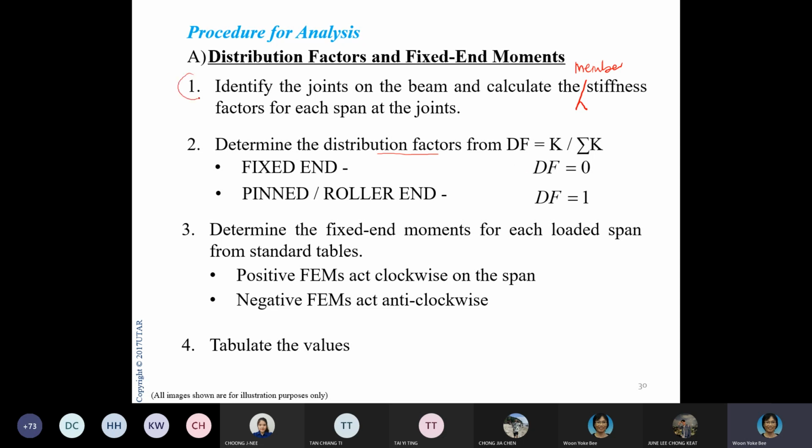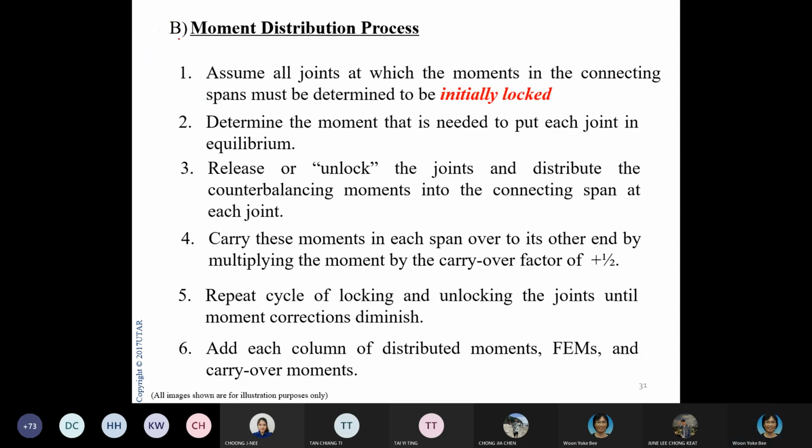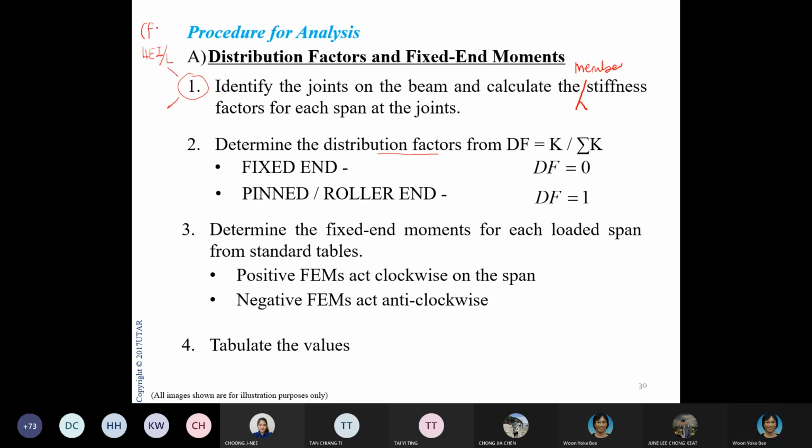So of course here, I forgot to also mention again and again, I need to do it again and again. So your 4EI over L, this is for far end fixed. And you also have 3EI over L, which is far end pin.